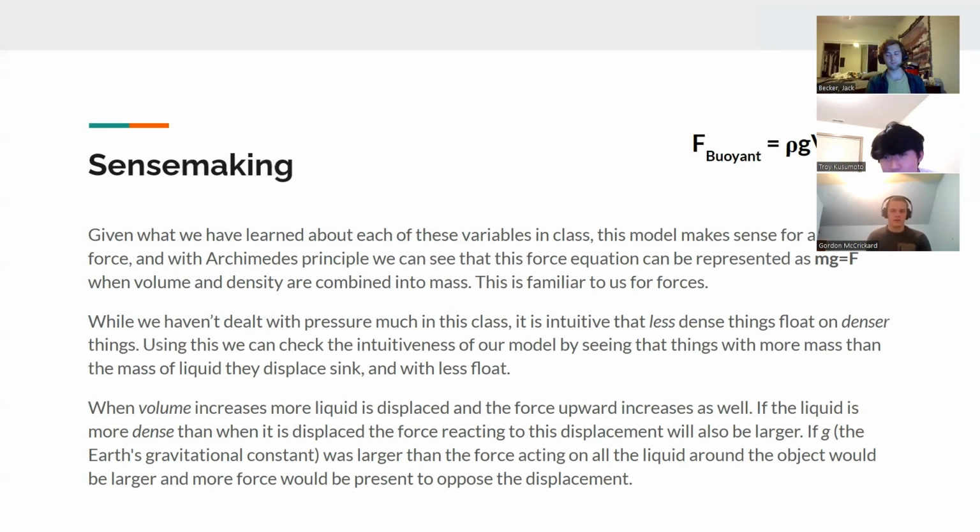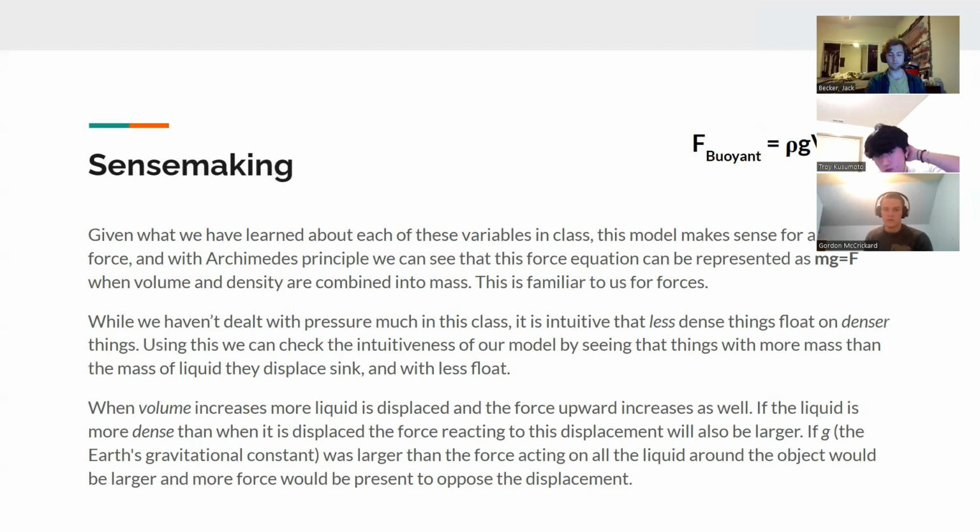Given what we have learned about each of these variables, it makes sense that these come together for an upward force. And with Archimedes' principle, we can see that the force equation can be represented as mass times little g equals F, or mass times acceleration equals force, when volume and density are combined into mass.